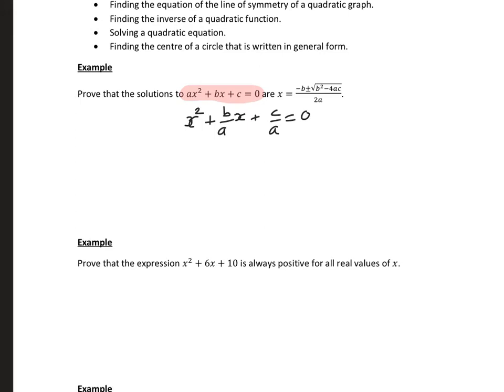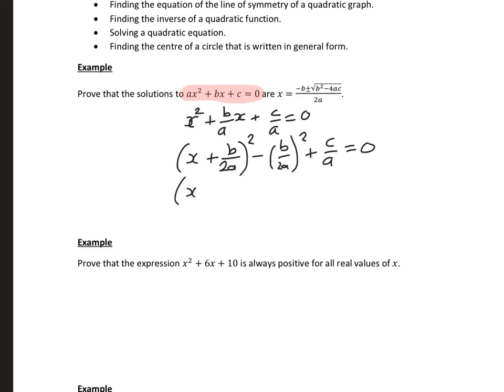Now if I complete the square on that, I'll get x plus, if I half b over a, b over 2a squared, and I need to minus b over 2a squared, and plus c over a equals 0.